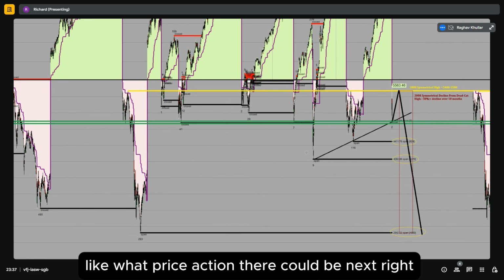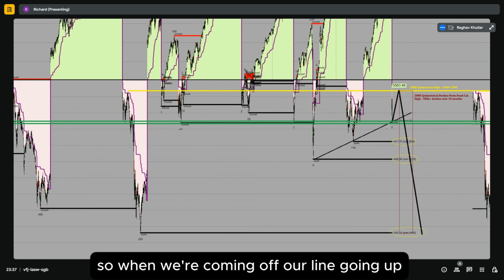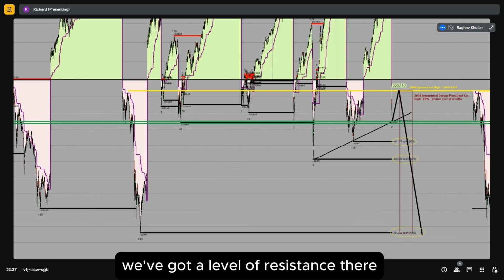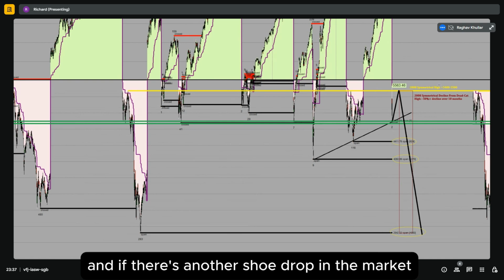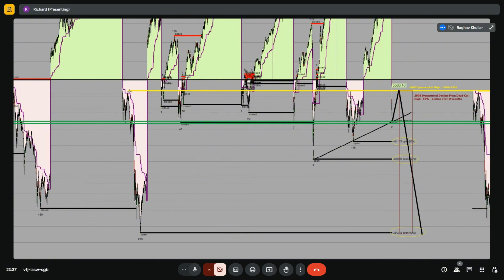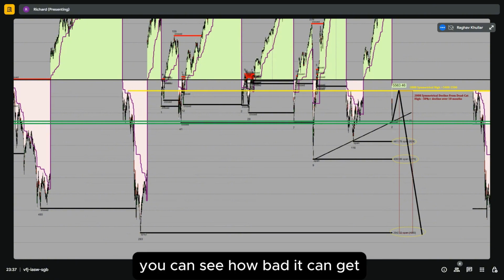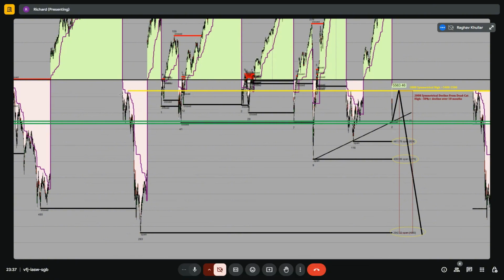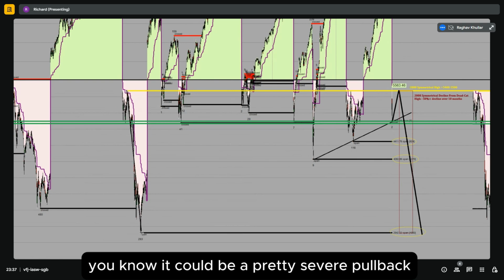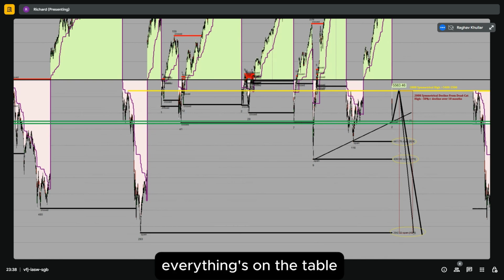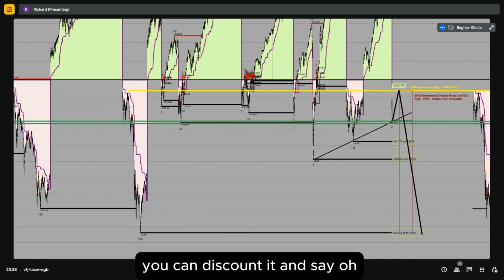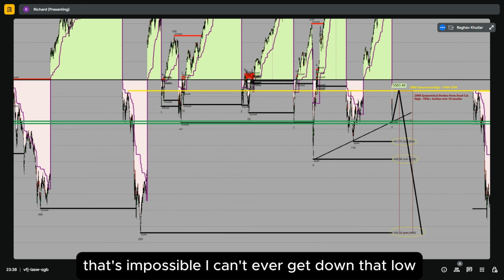So Big Gun showing what price action there could be next, right? When we're coming off our line going up, we've got a level of resistance there. And if there's another shoe drop in the market, you can see how bad it can get. It could be a pretty severe pullback. Everything's on the table. I know looking at this stuff, you can discount it and say, oh, that's impossible, I can't ever get down that low.